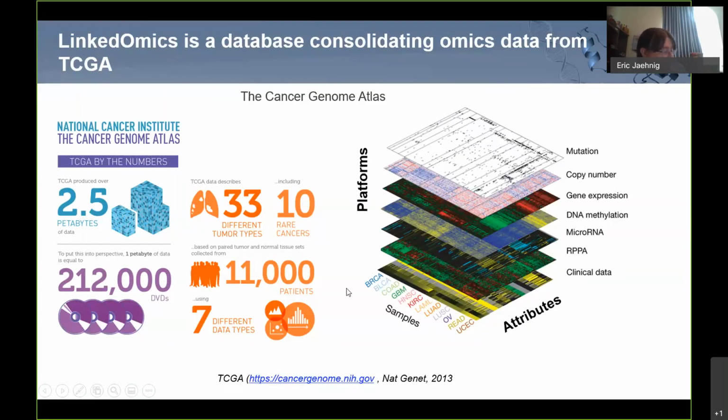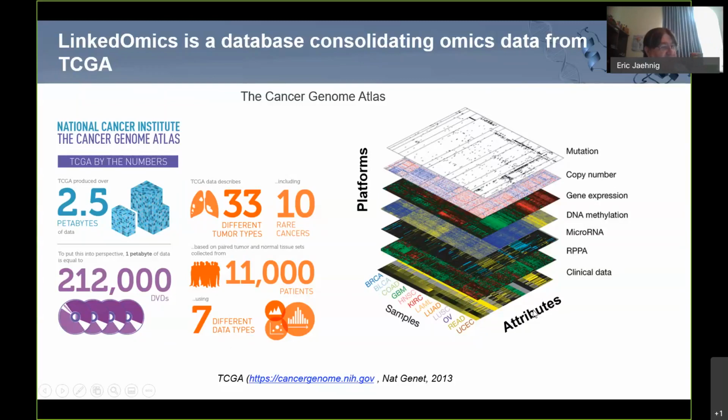Altogether, they collected 7 different types of omics data from 30 different types of cancer, spanning approximately 11,000 patients. LinkedOmics contains the processed data from all of these omics data sets.